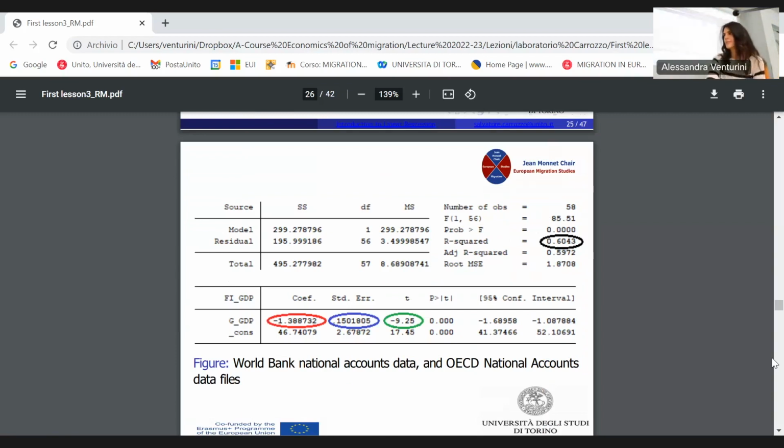So don't be so optimistic, when in time series there are many other things that change and drive the result. In cross-section, 10% is fantastic. In time series, 60% is the least. The number of observations is 58, peanuts.